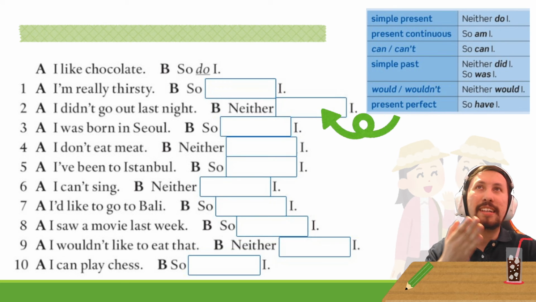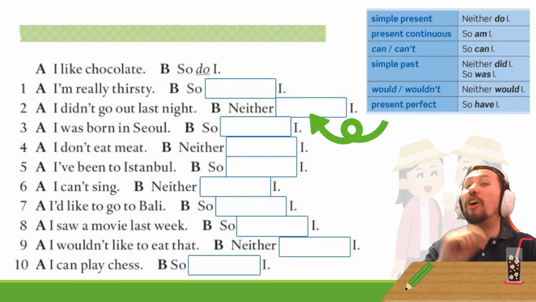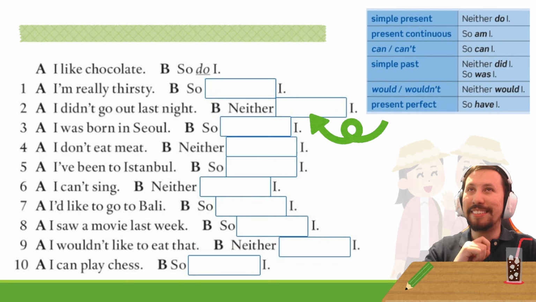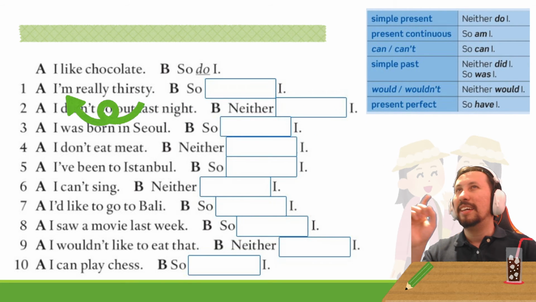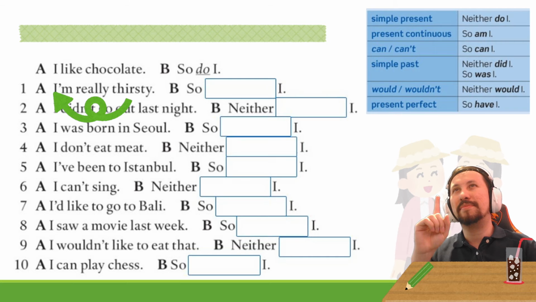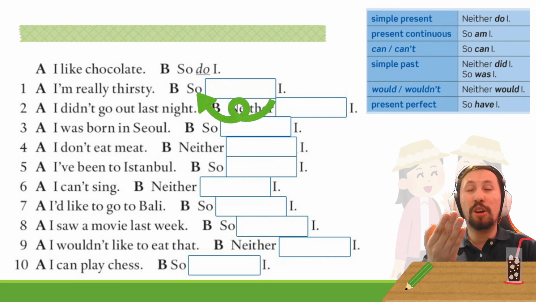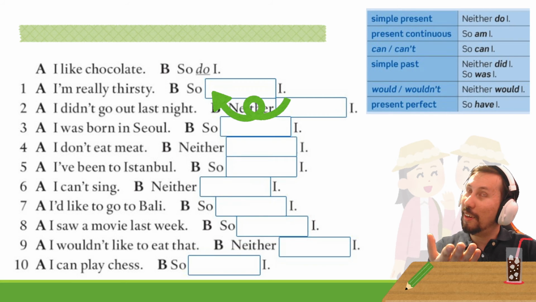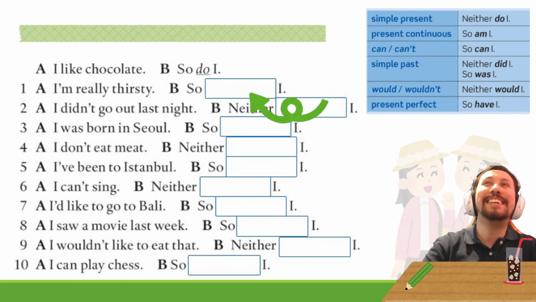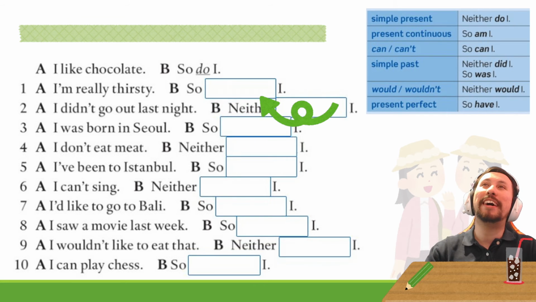You have to complete only with the auxiliary. Let's do number 1 together. I'm really thirsty. So am I.